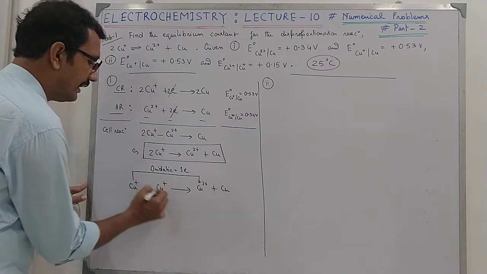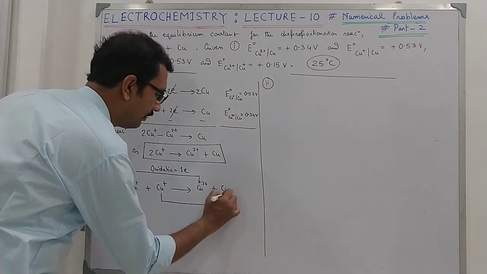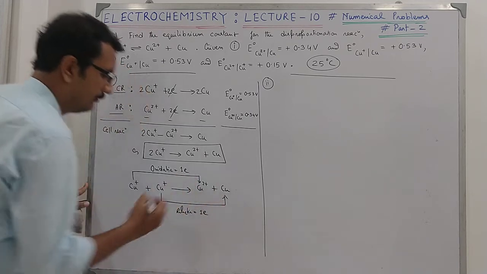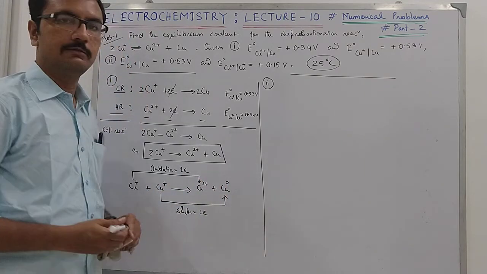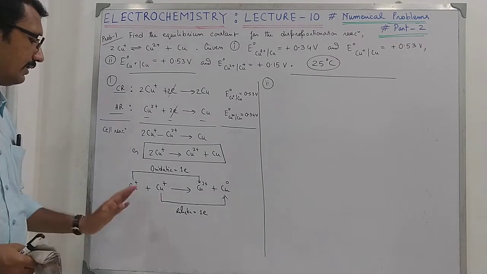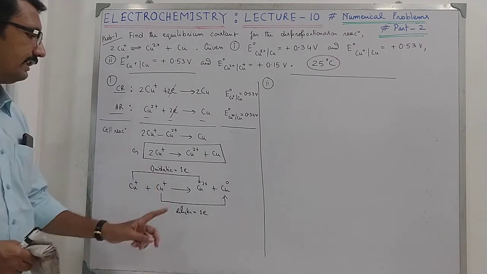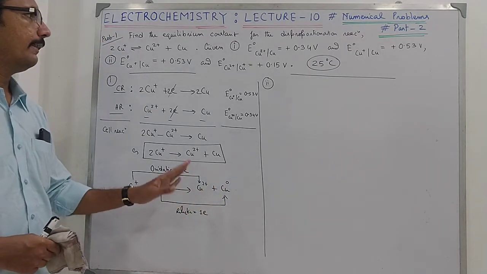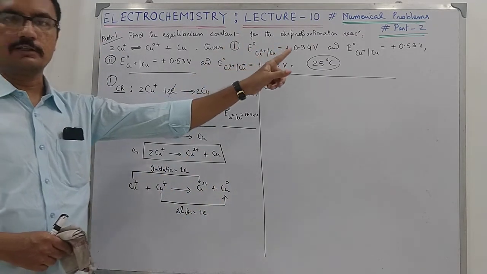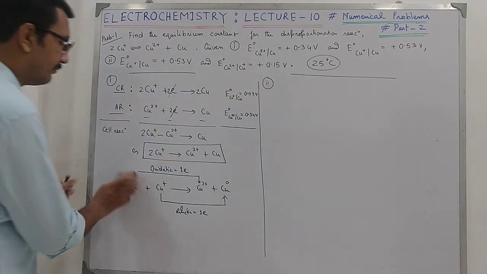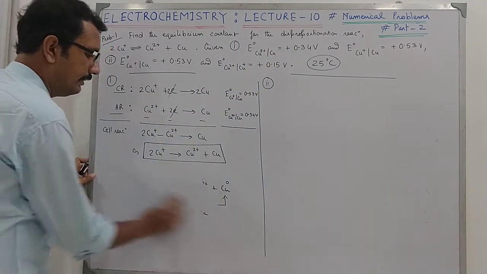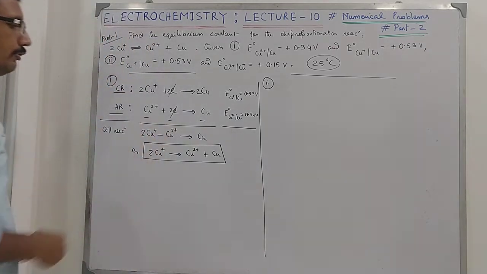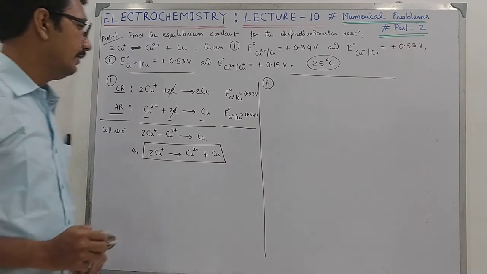And this electron is being accepted by this Cu+, so here it is one step reduction, and it is giving metallic copper. So from one kind of oxidation state, that is +1, you are getting two different oxidation states, +2 and 0. That is a case of disproportionation reaction. So the cell reaction is the disproportionation reaction, and they are asking you to find the equilibrium constant for that reaction.